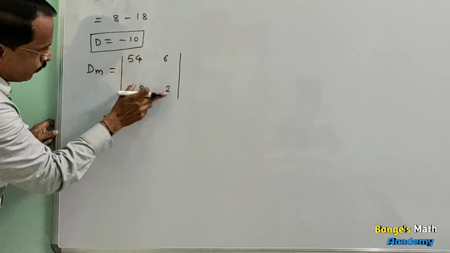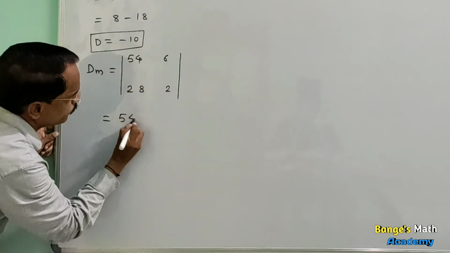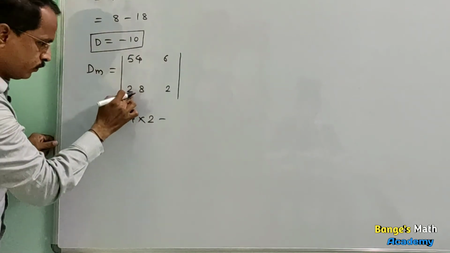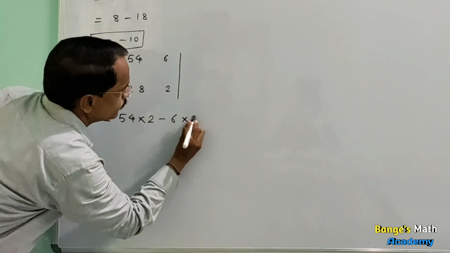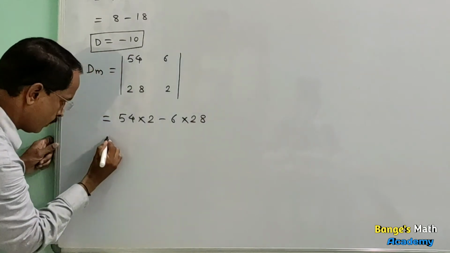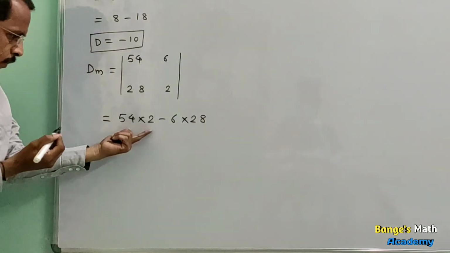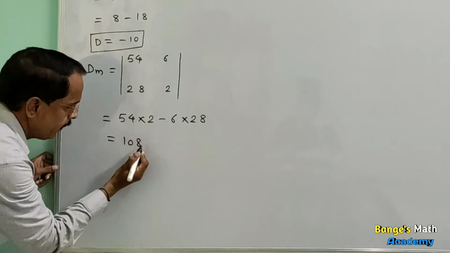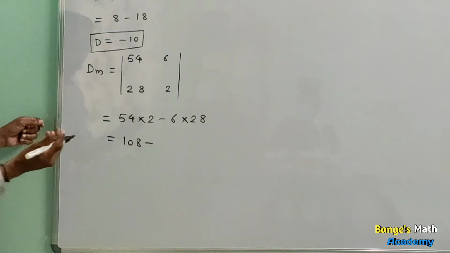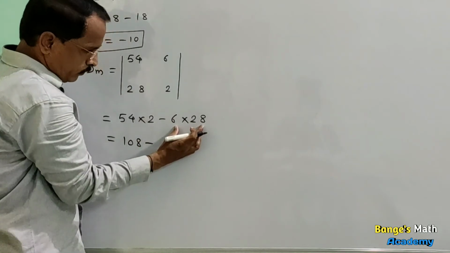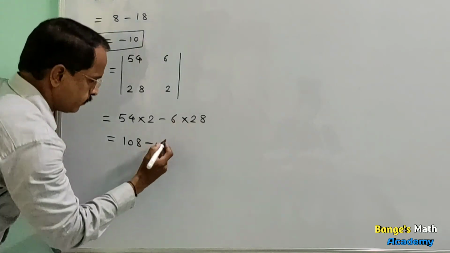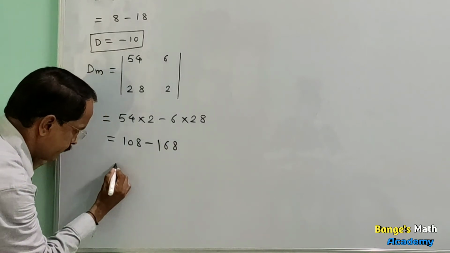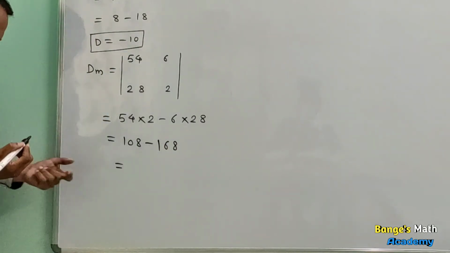Product of 54 into 2, minus 6 into 28, is equal to product of 54 into 2 is 108, minus product of 6 into 28 is 168.